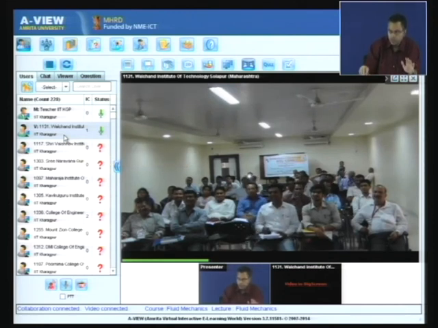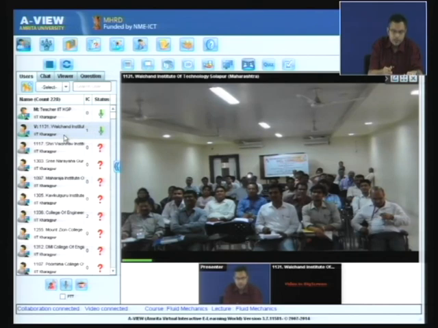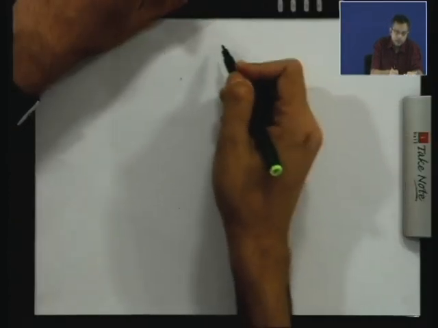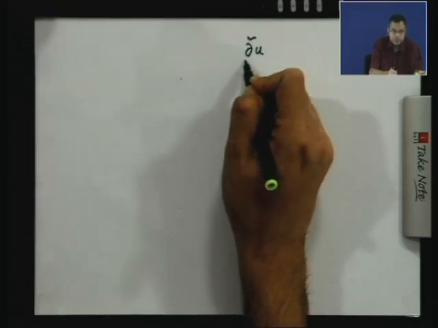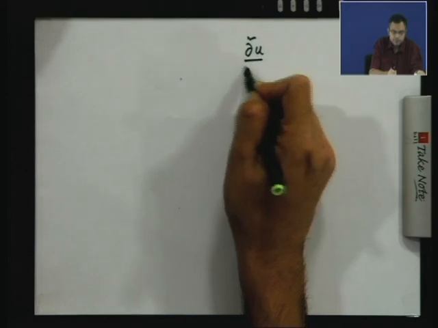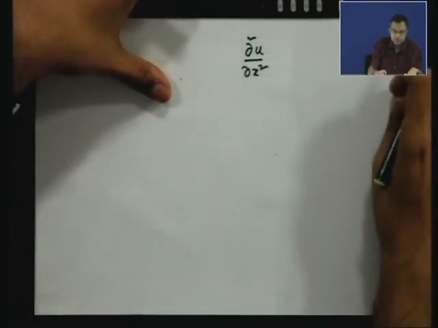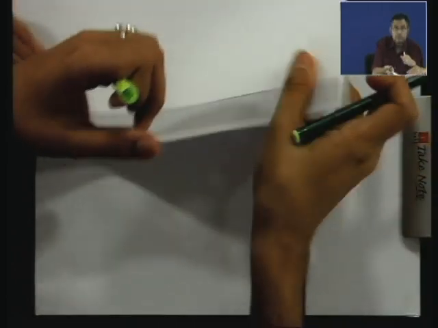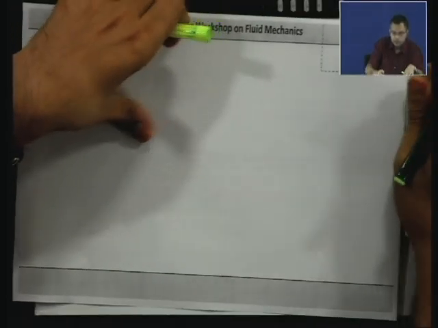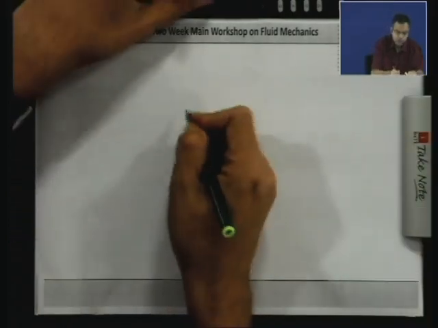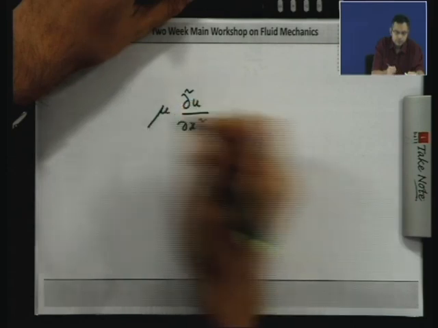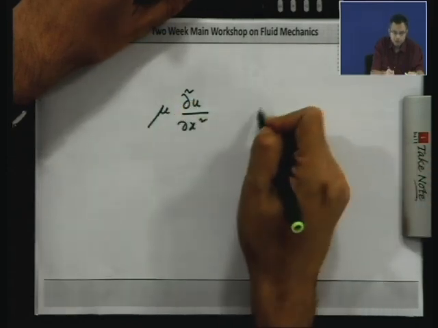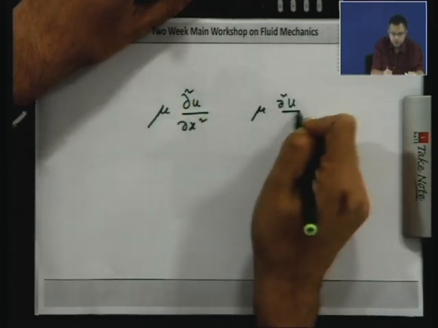Again, this was not taught by me, but I will try to explain. Look into this very carefully. You have two viscous terms: mu del 2 u del x 2 and mu del 2 u del y 2.